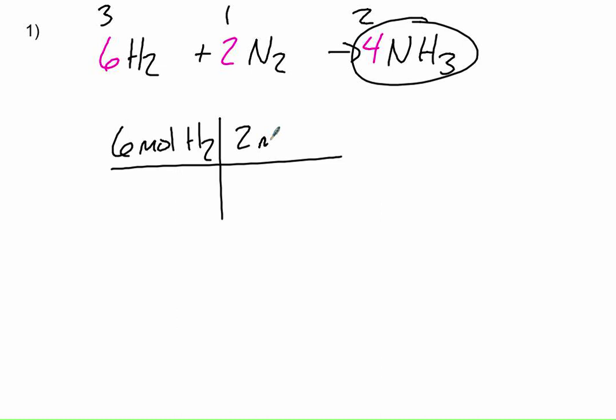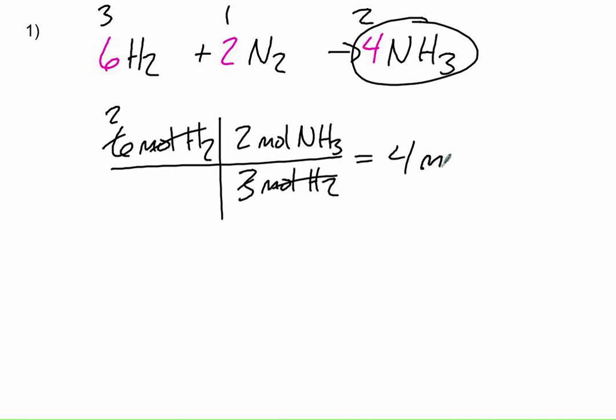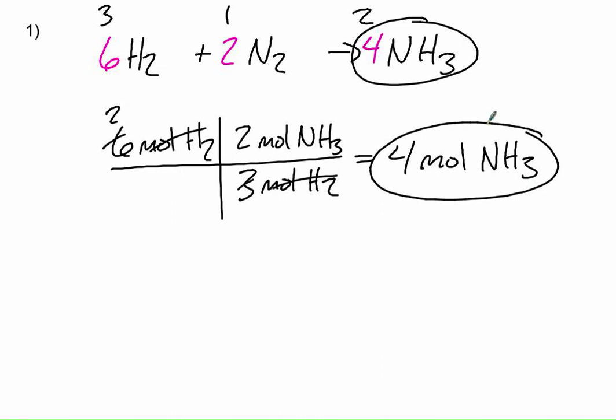Because you're supposed to get 2 moles of the ammonia with the real way to balance it for every 3 moles of hydrogen. But again, it's going to work out the same because 6 divided by 3 is 2, so 2 times 2 is still 4 moles of ammonia as an answer.